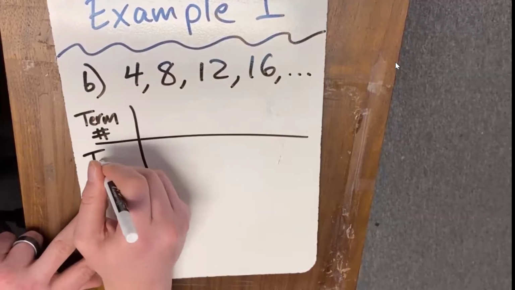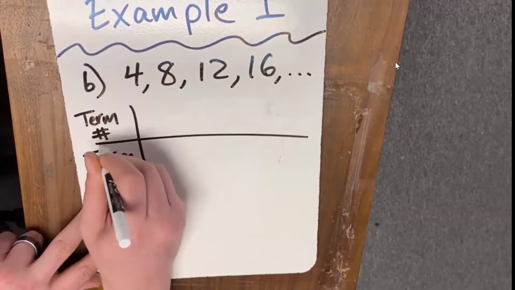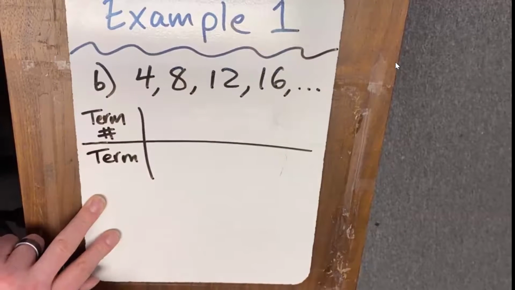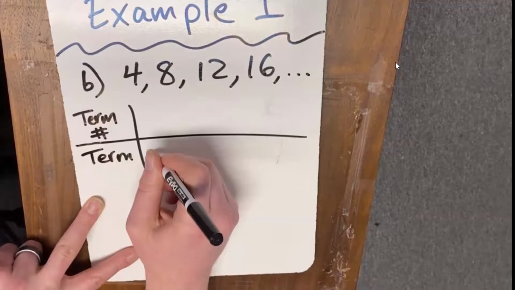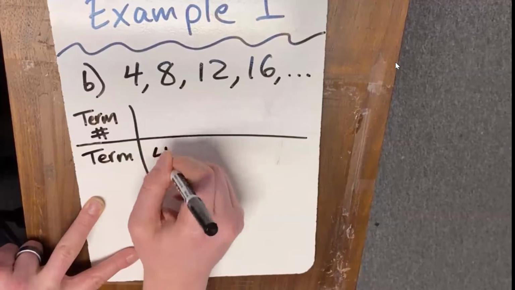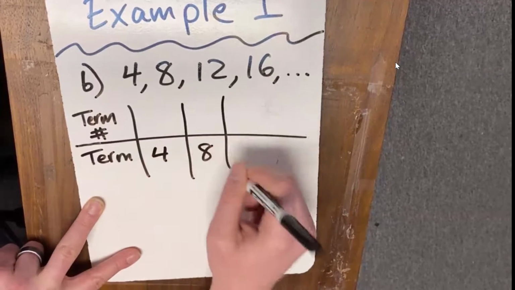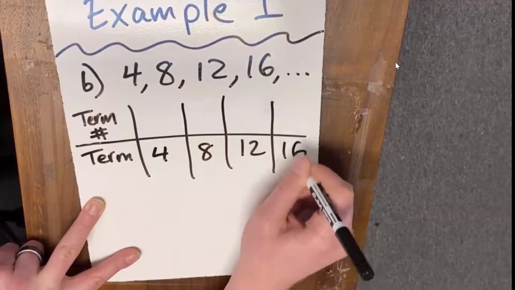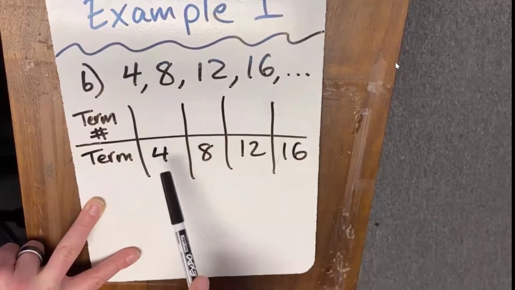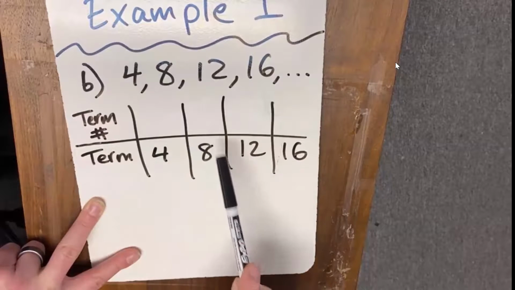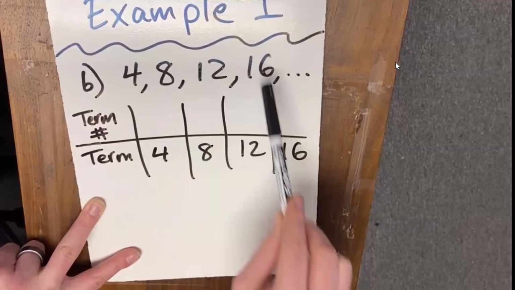Then we have the actual terms they give us: 4, 8, 12, 16.